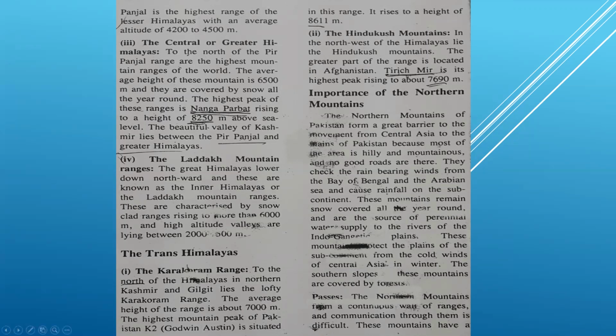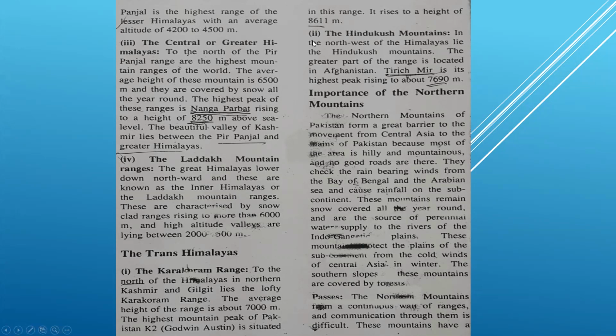These rivers supply water all the year, and these mountains protect the plains of the subcontinent from the cold wind of Central Asia in winter. The southern slopes of these mountains are covered by forest.